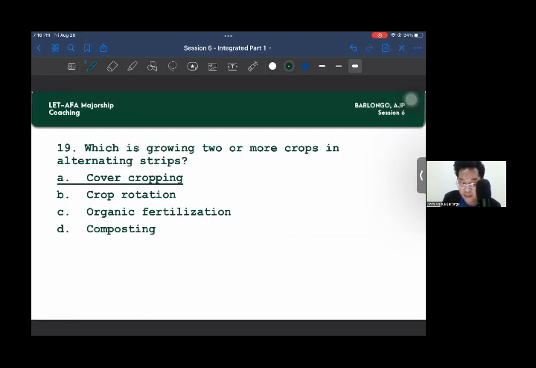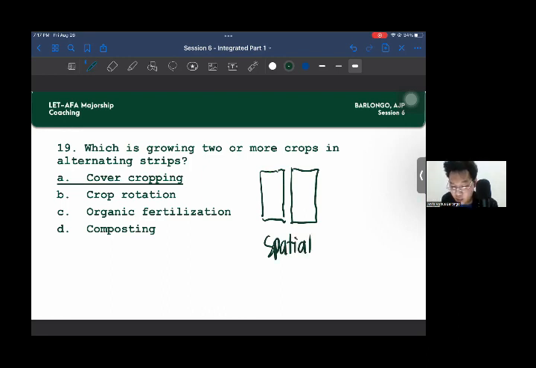Pero ang best answer dyan mamaya ilalagay ko. Wala sa choices eh. So, kapag sinabing spatial, you are growing at the same time two different crops.